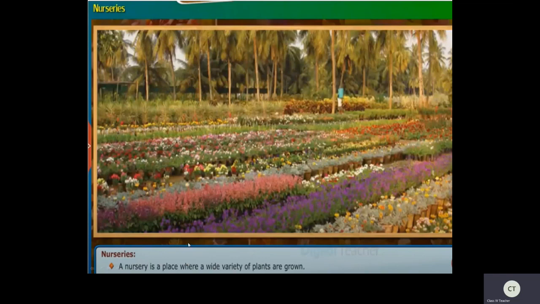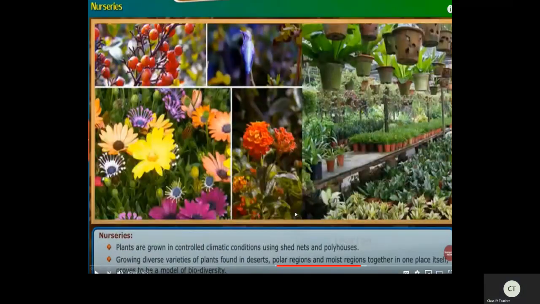Now see here, a nursery is a place where a wide variety of plants are grown. Have you ever visited nurseries? If you have not visited, try to visit. Okay. Now see here. Plants are grown in controlled climatic conditions. In controlled climatic conditions, the plants will grow using shade nets, okay, using some shade nets or poly houses.